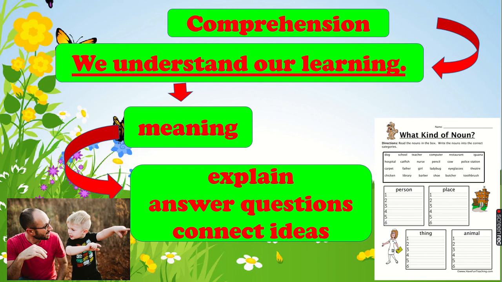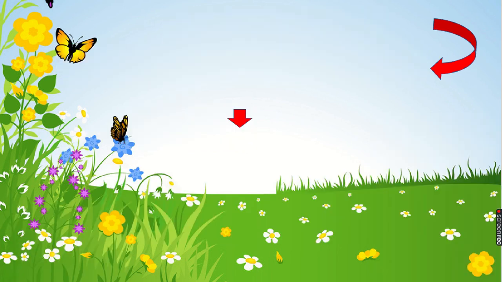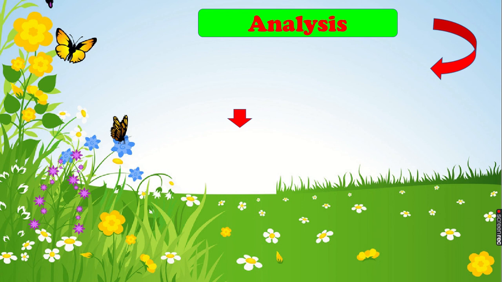Like for example, she ends up explaining many different things because she understands different ideas and different knowledge related to the topic, right? And most of you do that too. So that's comprehension. We understand our learning, we know how to explain, we know how to answer questions, and we can connect ideas. Now let's move on to the next one.